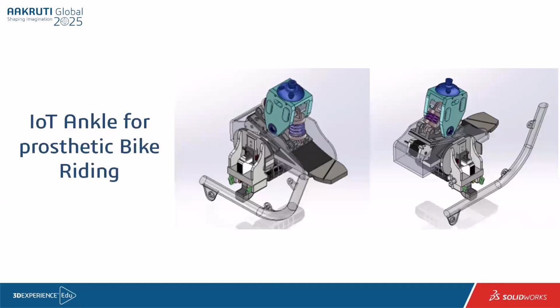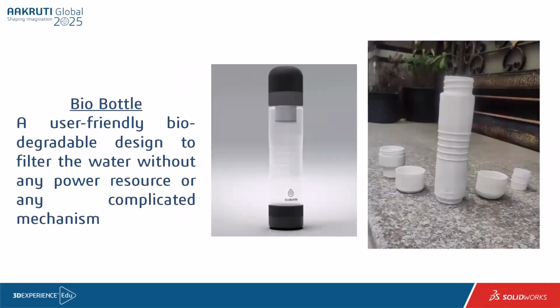Then there is an IoT ankle for prosthetic bike riding. This is something which is for the better cause of the people. Then there is Bio Bottle, a user-friendly biodegradable bottle designed to filter the water without any power resource or any complicated mechanism.